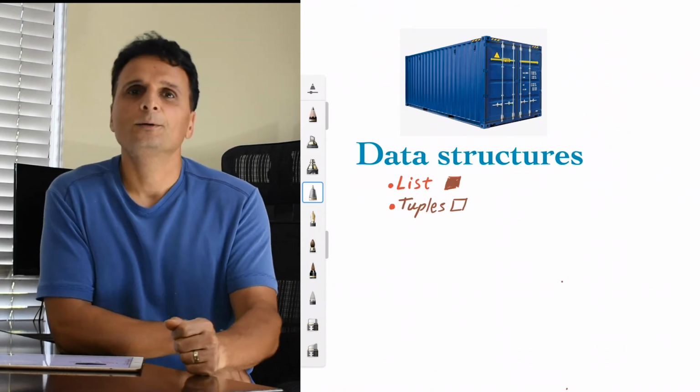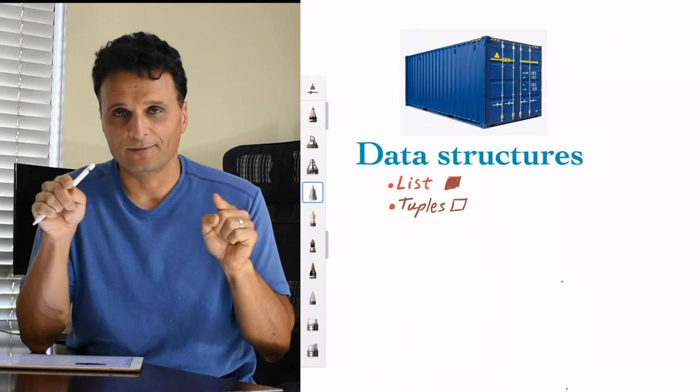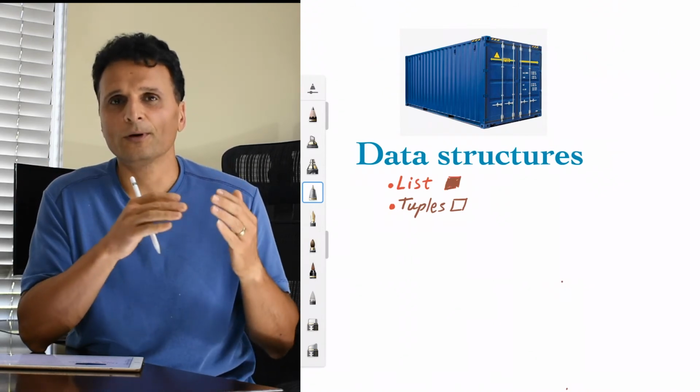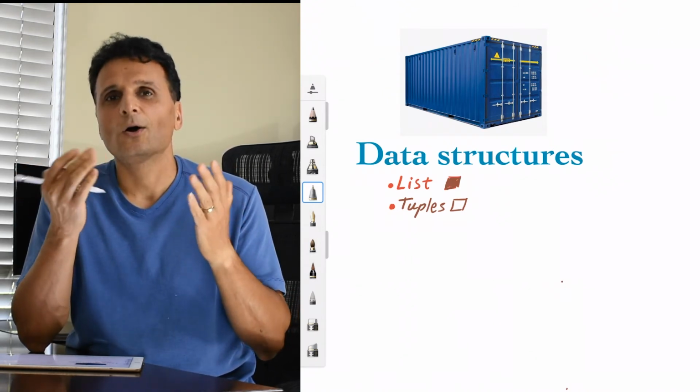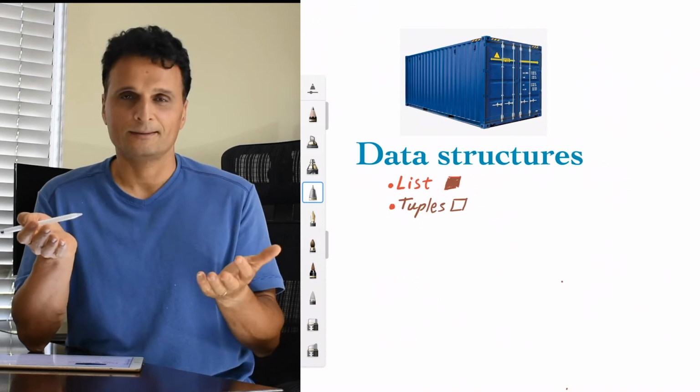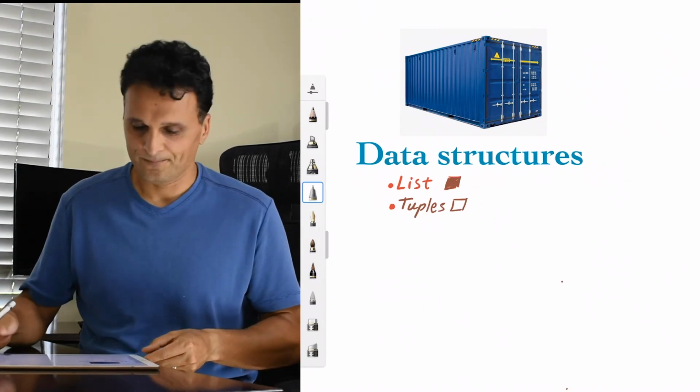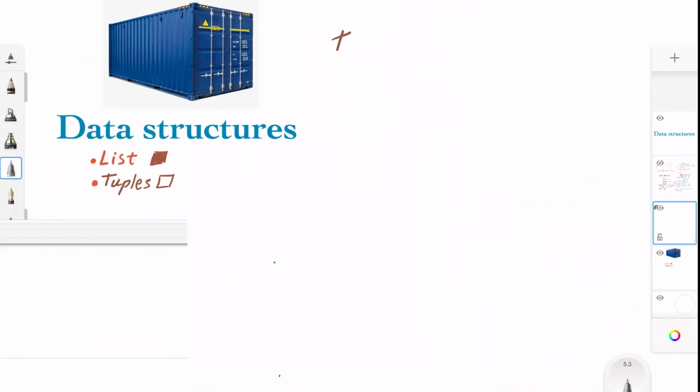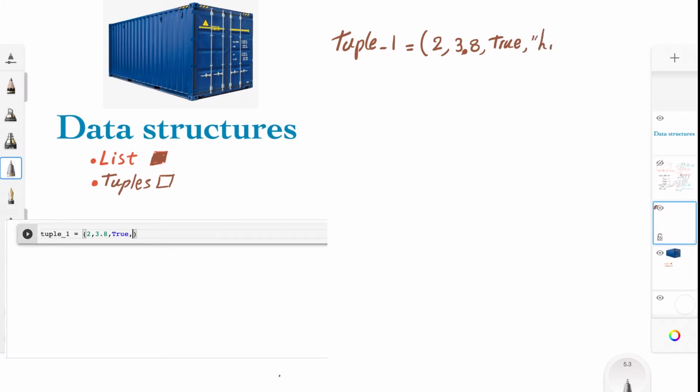In lists, we put the data inside of brackets, but for tuples we use parentheses or no parentheses. For example, tuple1 equal to parenthesis 2, 3.8, true, and hi.